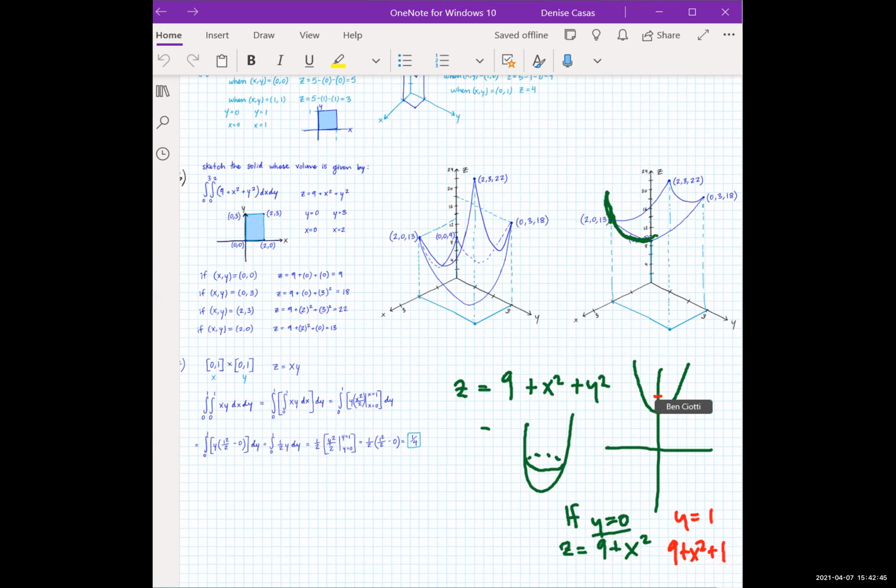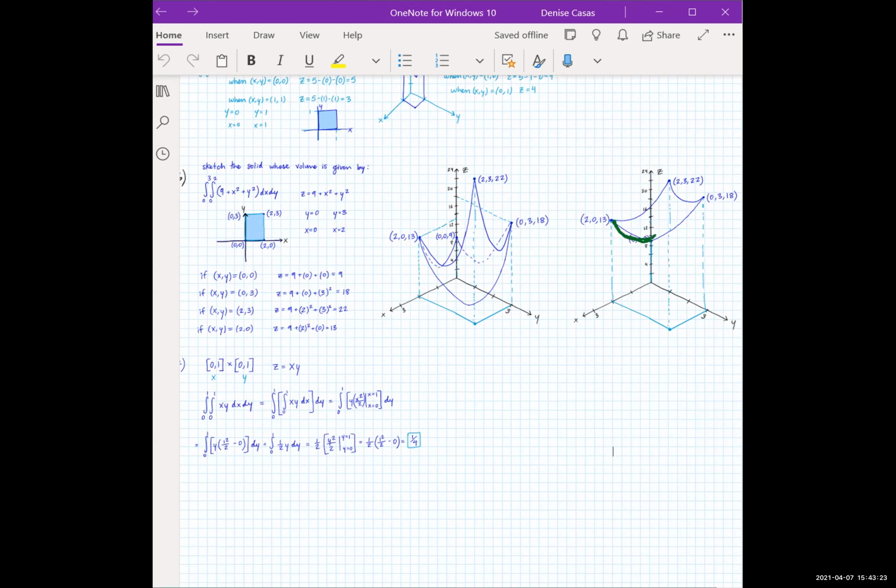How could I draw that? It would be something like that at the point where y is 1. Actually, no, I didn't quite draw that right.